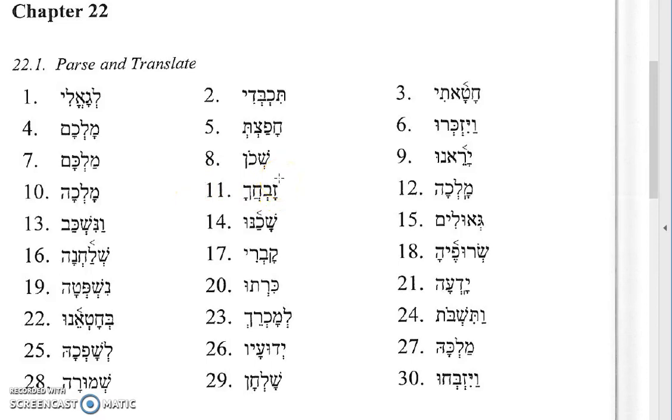And then you have shakon, and the shewa under the first consonant and the holem between the second and the third consonant fits the pattern of the qal infinitive construct. So that would mean to dwell, or dwelling.